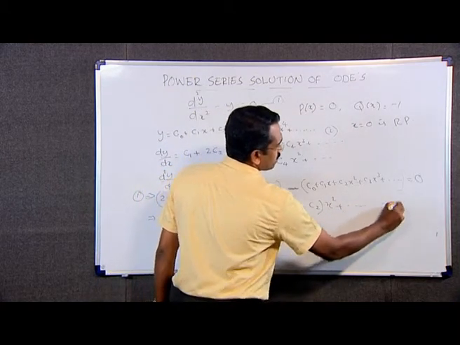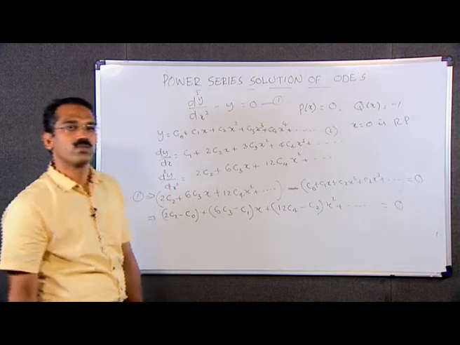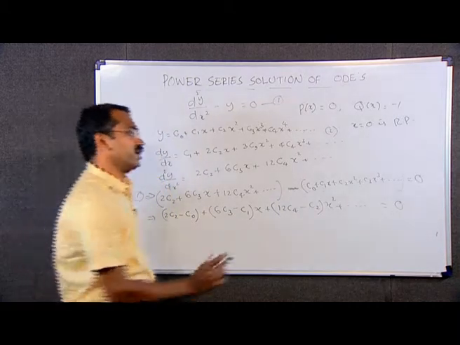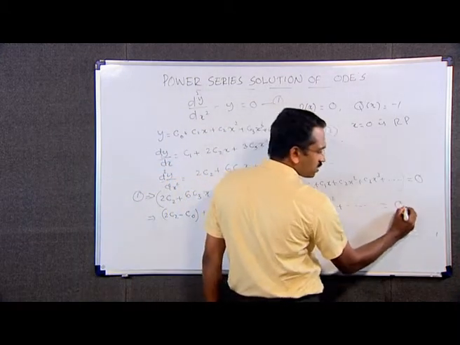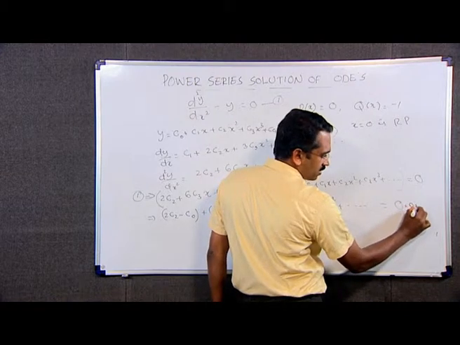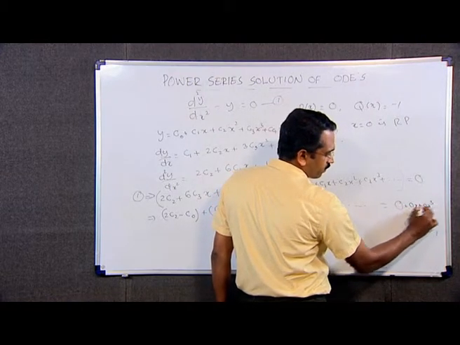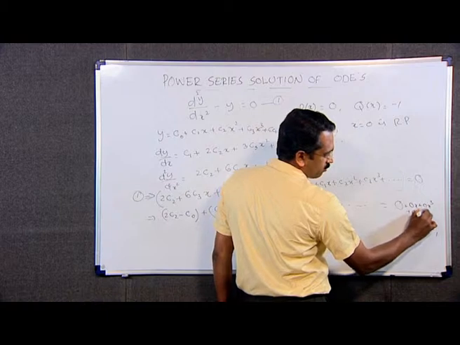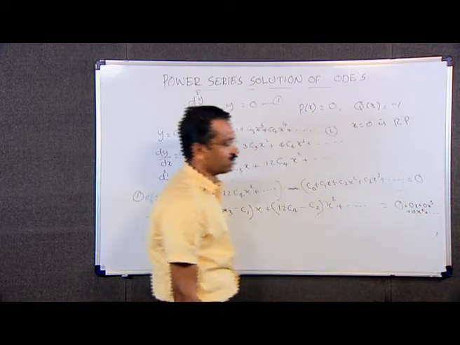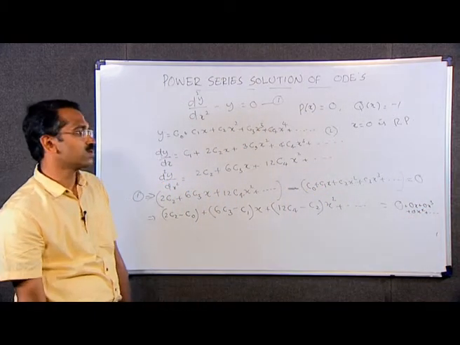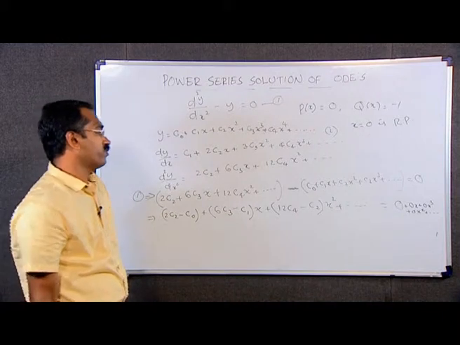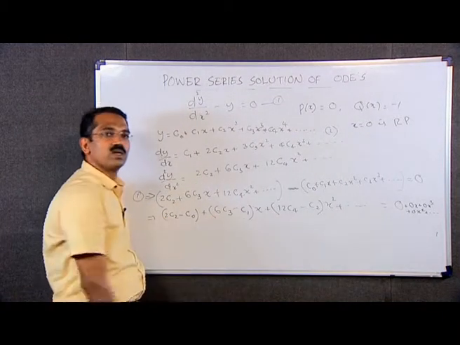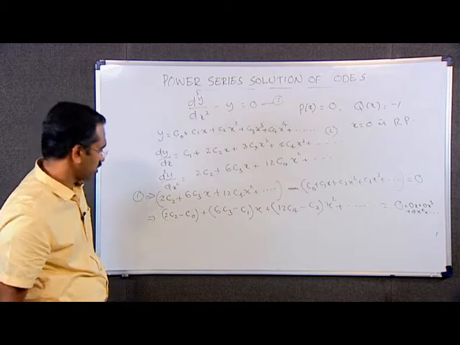Equal to the right hand side is 0. Here the right hand side 0 means 0 plus 0x plus 0x cube plus 0x raised to 4 plus etc. All the coefficients are 0. Therefore, we can equate the corresponding terms.